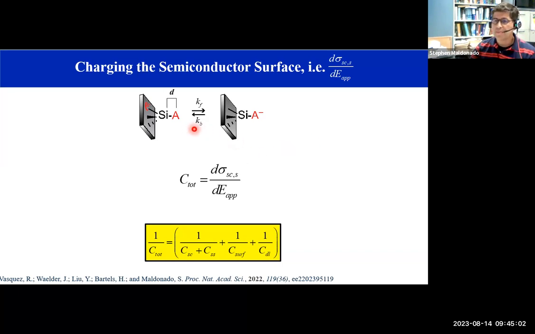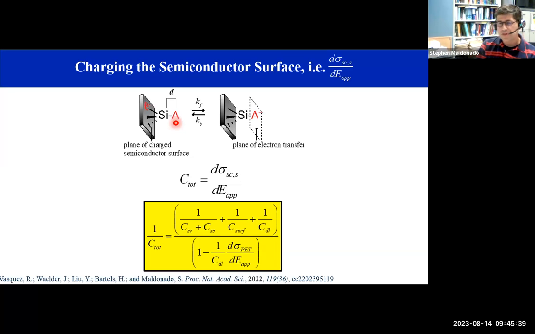When you go back and think about having a molecule stuck on a surface, and an electrode surface that has charge that you're trying to pass into or out of that molecule, the capacitance for this electrode is usually written like this. The capacitance that you would measure would be the sum of the reciprocal capacitances of the system. This implies that the charge at this surface has nothing to do with the charge of this molecule at this particular position in space.